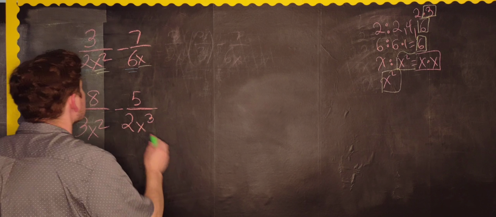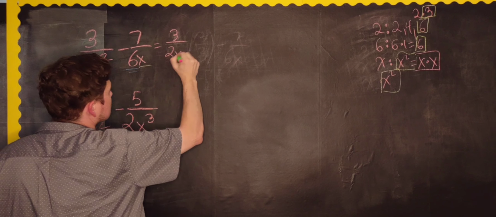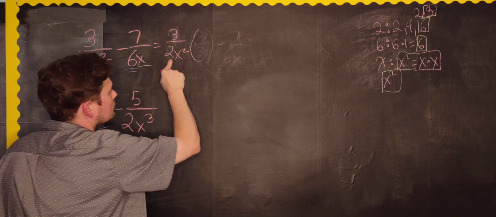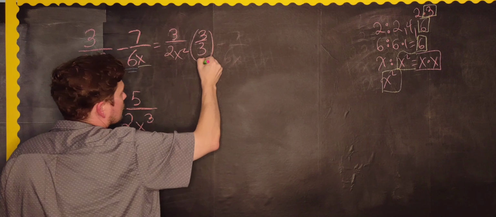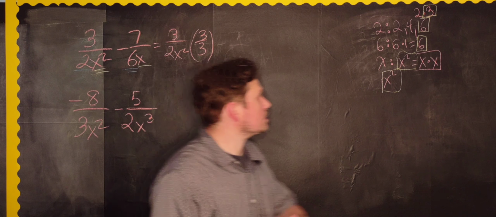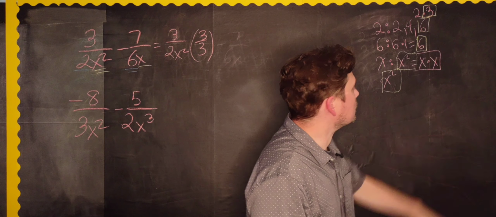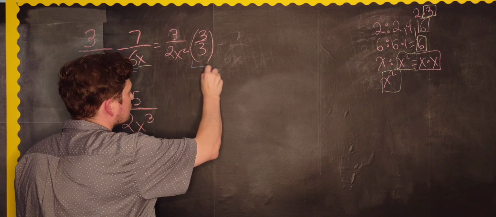Okay. So I'm going to write 3 over 2x squared. And then I'm going to multiply this by, to make the 2 into 6, I got to multiply by 3 over 3. Where am I getting this 3 over 3? Because remember, over here I had 3, correct? To make 2 into 6, you multiply by 3. And 3 over 3 is really just a form of the number 1.